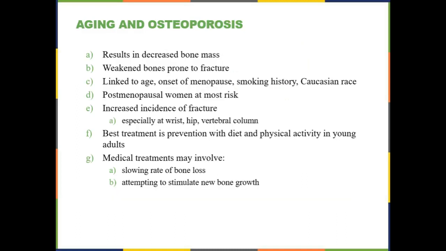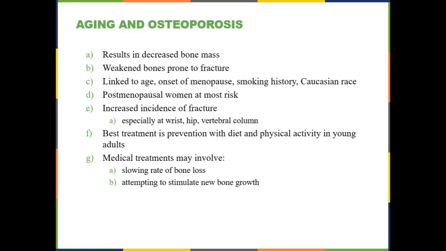So this leads us to osteoporosis. And most of you, no, I'm going to say 100% of you have heard of osteoporosis because it's not an uncommon disease. Osteoporosis is the loss of bone mass, and this loss of bone mass is associated with aging and can be linked to both males and females.